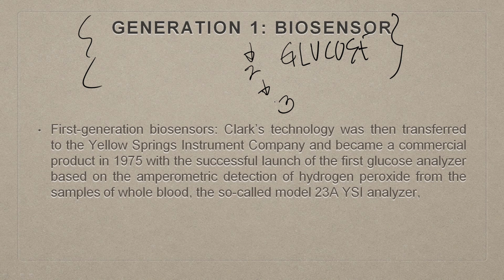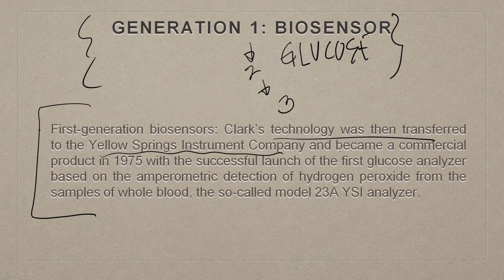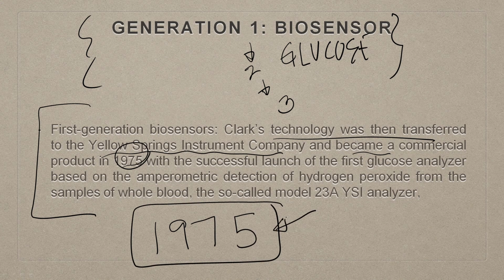But one has to understand what were the factors which called for improvement, leading to generation 2, and from generation 2 to generation 3. The first generation of biosensors, if we look at it: Clark's technology was then transferred to the Yellow Spring Instrument Company and became a commercial product in 1975. This is exactly the time when microelectronics was just picking up.